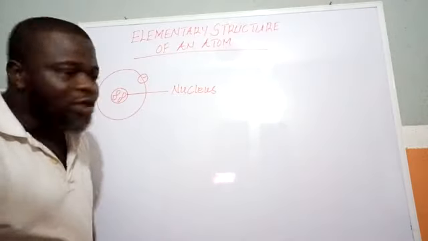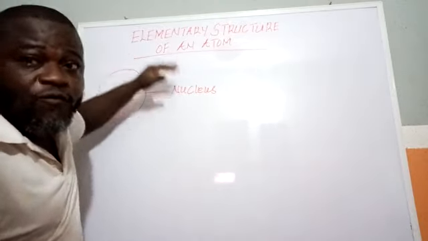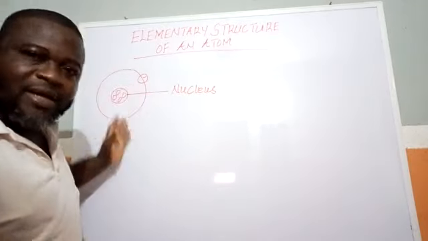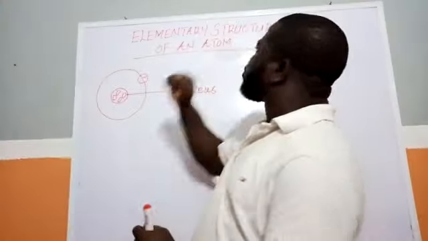He let us know that the electron was moving in an orbit around the nucleus.